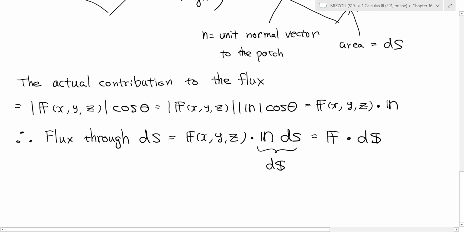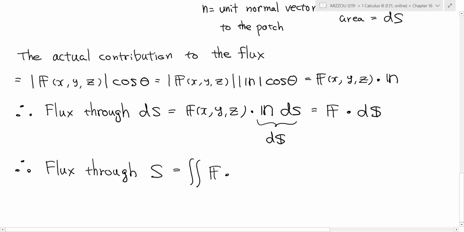Okay, so therefore, the total amount of flow going through the entire surface, namely the flux through the surface S, is given by double integrating this all over S. And of course, this is written as the integral of F dot n dS.